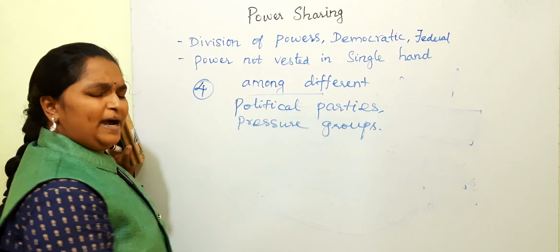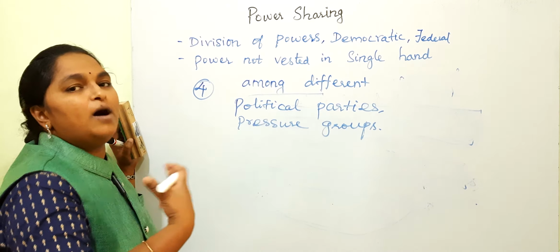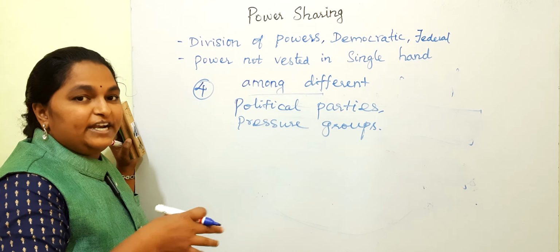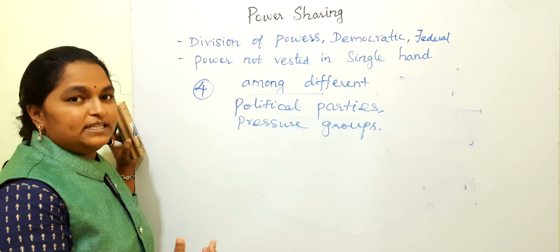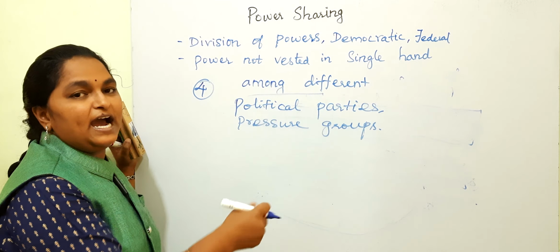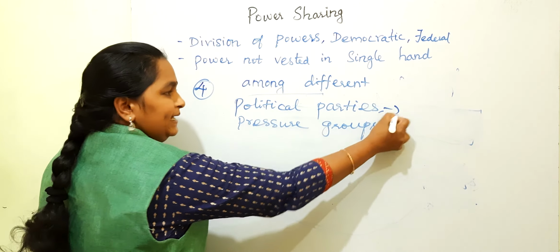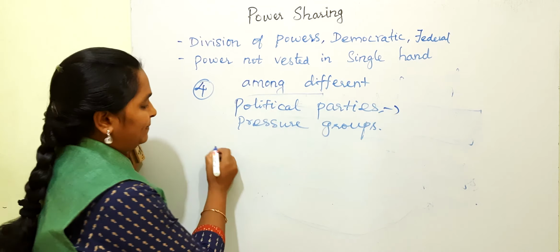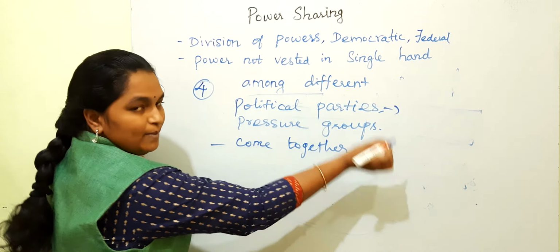Now, what is a political party? A group of people come together and form a political party with different aims, goals and choices, and they contest in elections and seek the power to administer the government. First, different groups of people come together and form a political party.